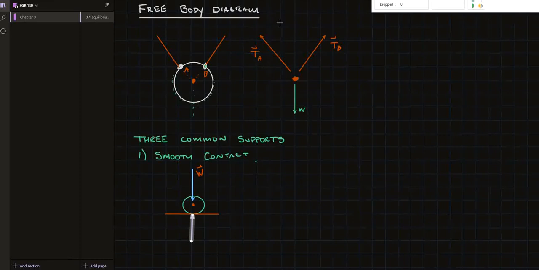So I could draw a free body diagram of this situation, like so. Kind of trivial in this case, but as situations get more and more complex, this will be a useful tool.